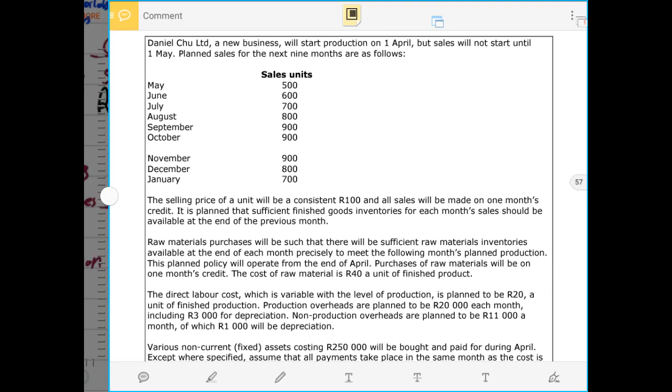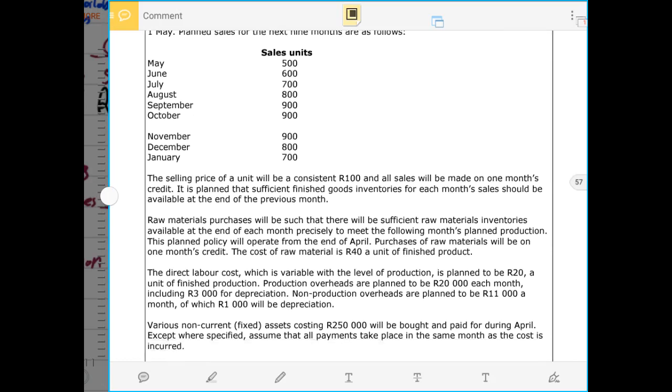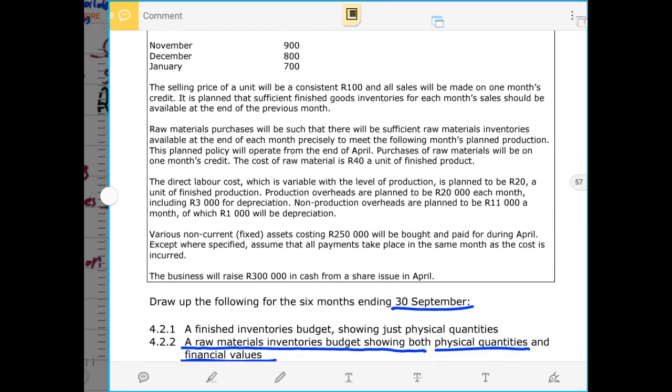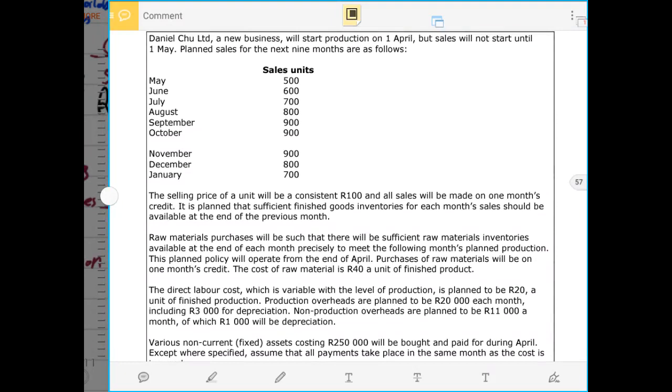So now we don't have to be multiplying by any kgs or meters or liters, meaning 1 unit is equal to 1 kg if this product is using material in kgs. So now everything will be using the units that are given here as the sales and the production units. So now let us begin with that, and we record based on the instructions.